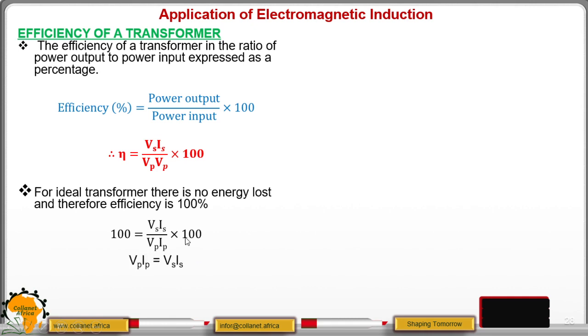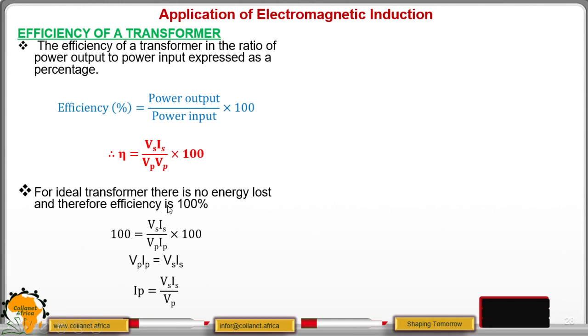This implies that if the 100 and 100 cancel out, we get that Vp multiplied by Ip will be equal to Vs multiplied by Is. In other words, the power input will be equal to the power output, because there will be no energy lost in an ideal transformer.